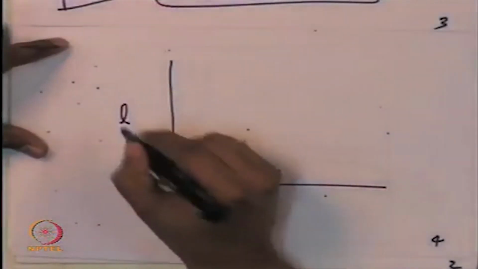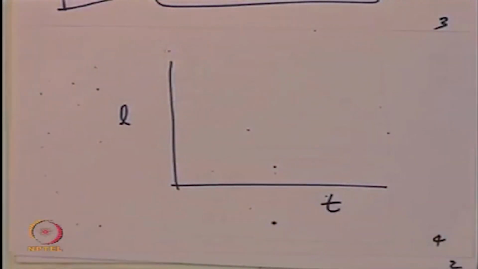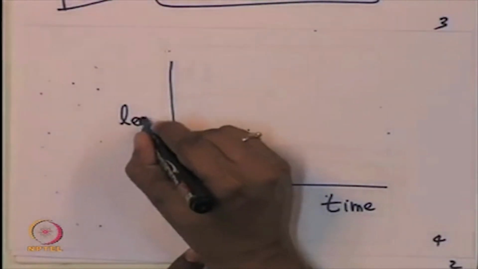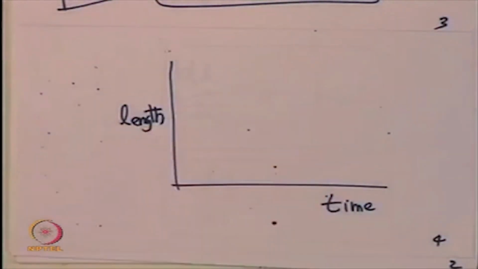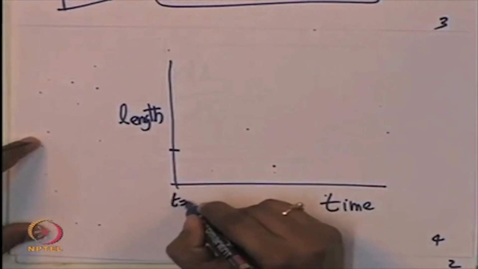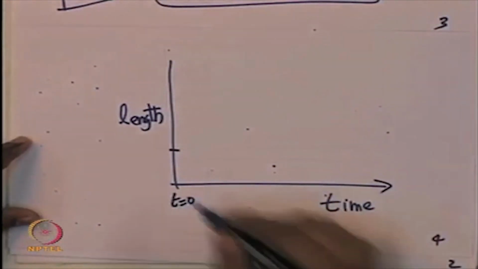So, let us plot the length of the polymer as a function of time. At t equal to 0 we had 4 monomers.